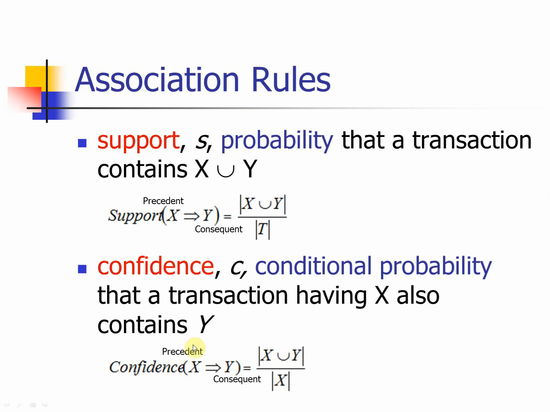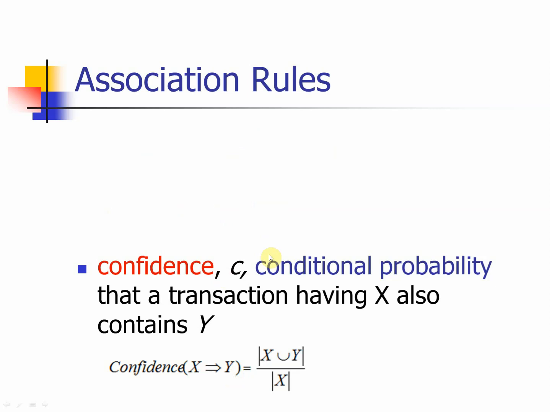One more thing I want to emphasize again is that although the equation indicates X and Y, it doesn't mean that X has to be one item set and Y has to be another one item set. X can be a 3-item set, Y can be a 2-item set, so they are not limited by the number of items in the role of the precedent as well as the consequent.